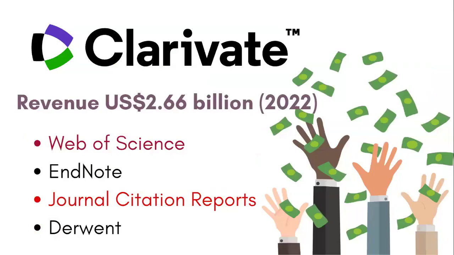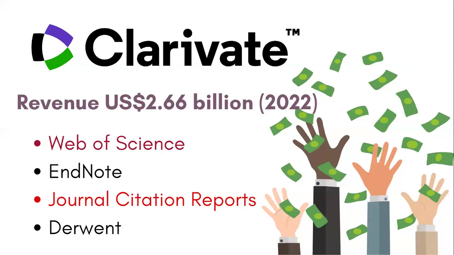And all of this has to do with Clarivate. I told you earlier that I wanted you to keep in mind the names Clarivate, Web of Science, and the citation index. Why? Because Clarivate is a business. It's a British American company.